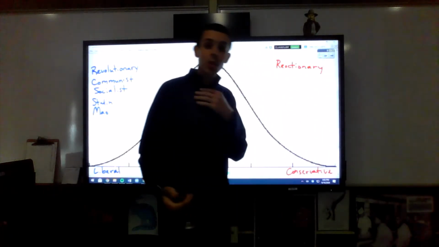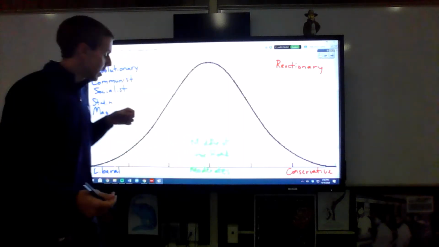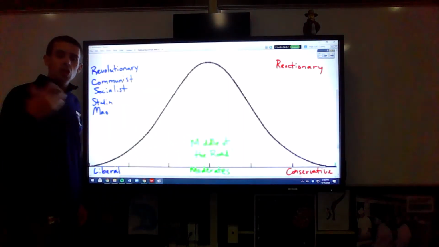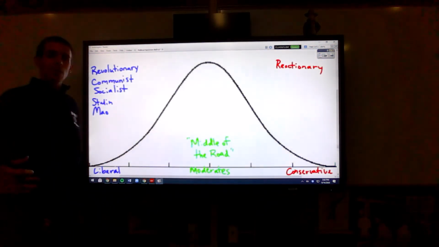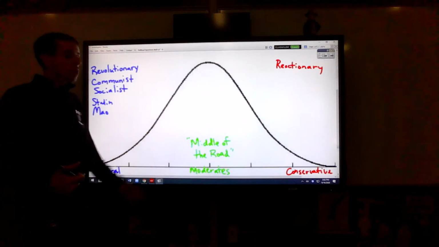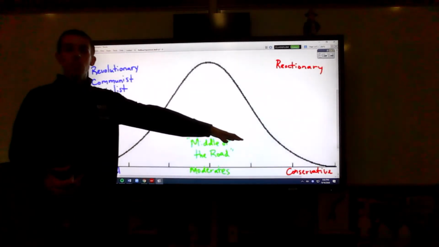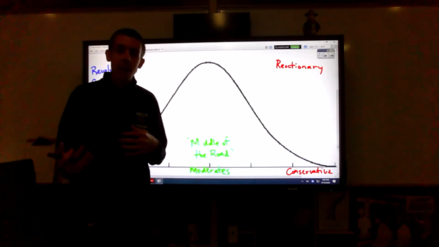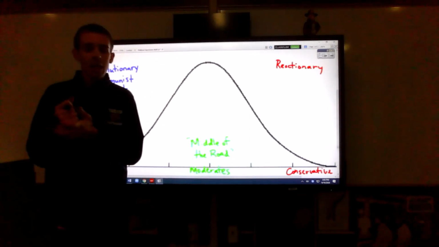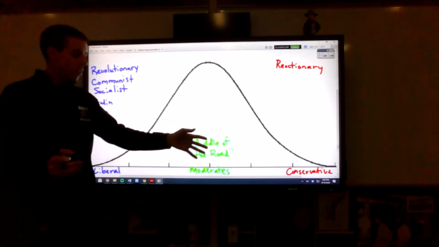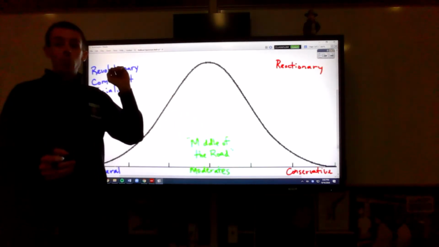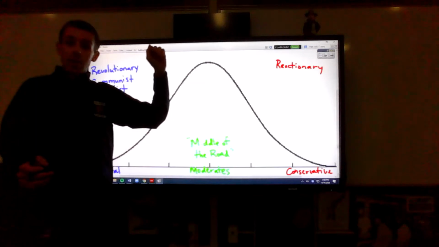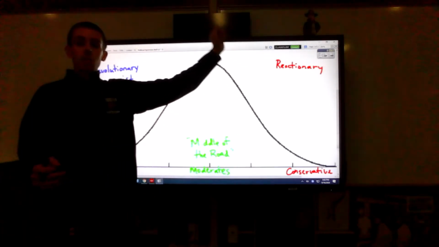So reactionary people, just as I said, liberal people want to change society little by little until it gets better. Conservatives want to kind of preserve society and keep it the way that it has been for a very long time. Things have been good for a long time, and let's keep it that way, is what conservatives would say. Now, reactionaries are extreme conservatives.